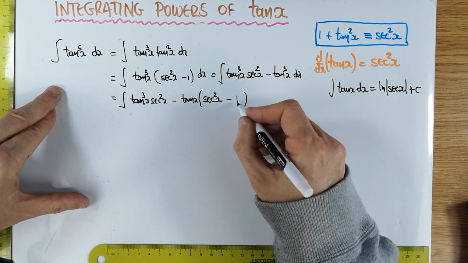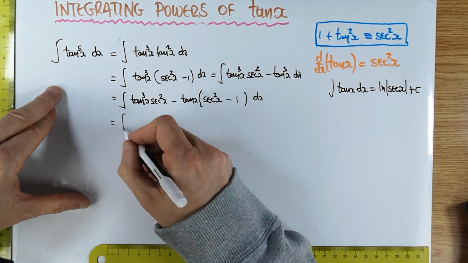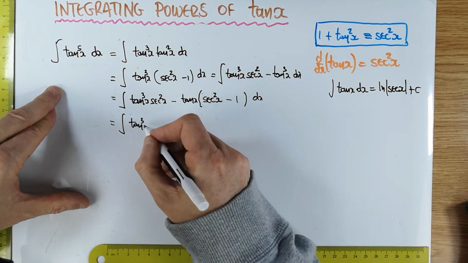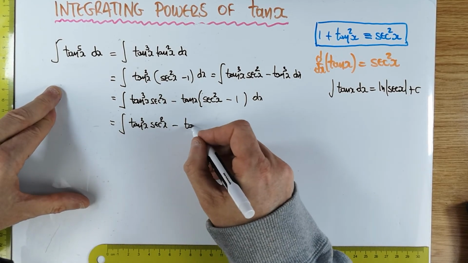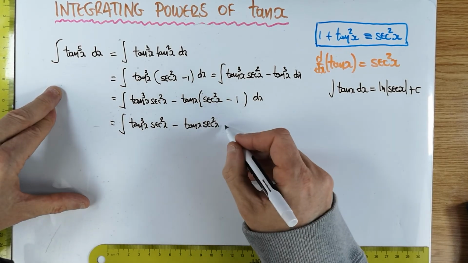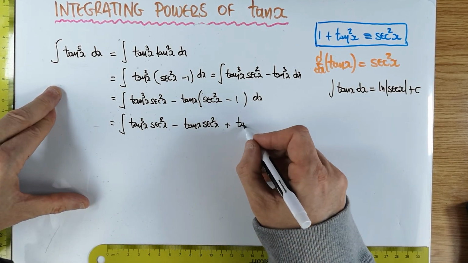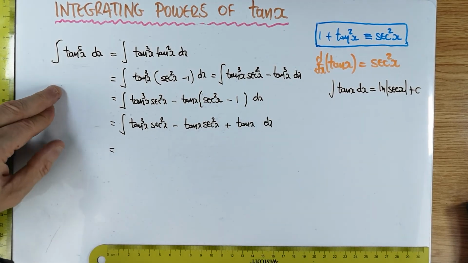Sec squared x minus 1, so that's the tan squared replaced. So tan cubed x sec squared x, multiply the bracket, minus tan x sec squared x, that integrates instantly, and then of course plus the tan of x, and of course that's the standard result, and the integration is taking place now.